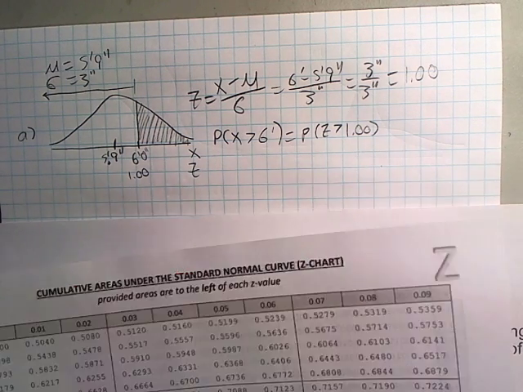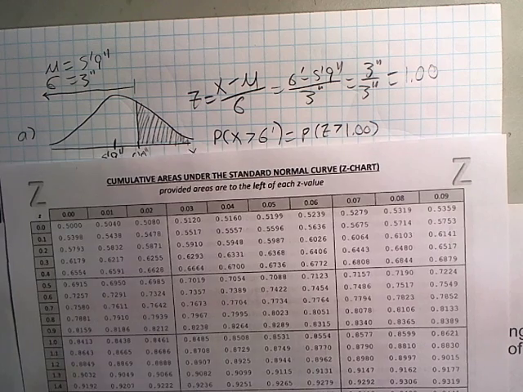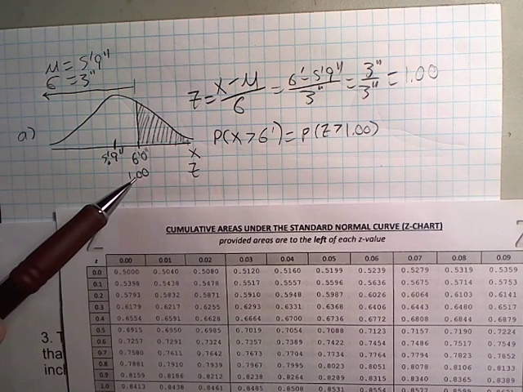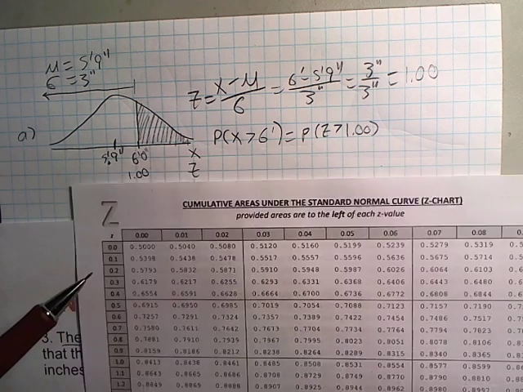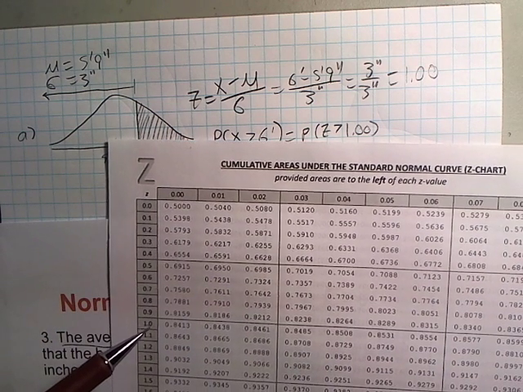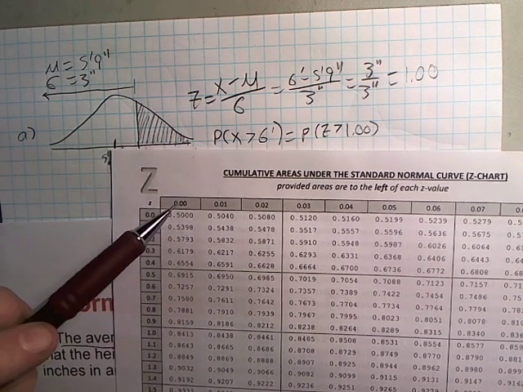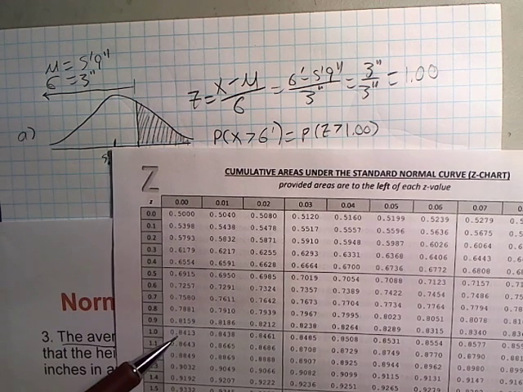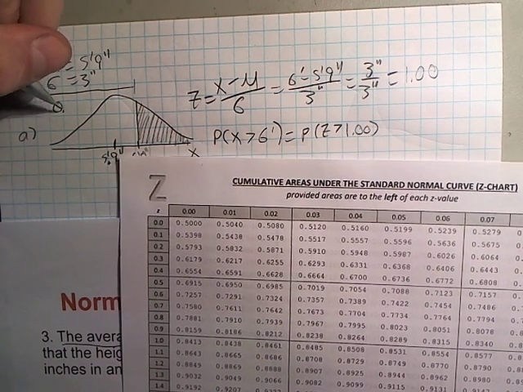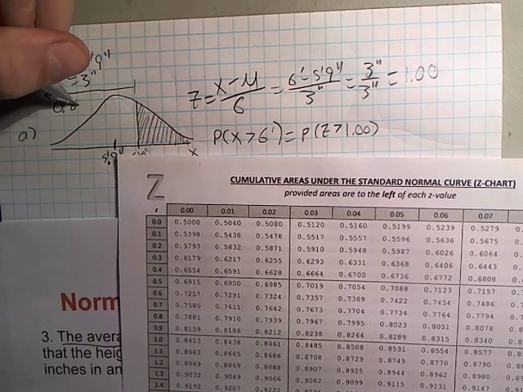So in our case, let's go back to that z-chart, and for the z number of 1.00, I'm going to go to my left index, 1.0. To that, I'm going to add 0.00.